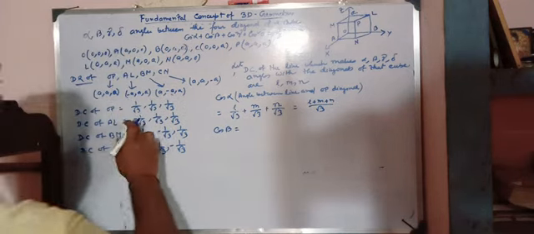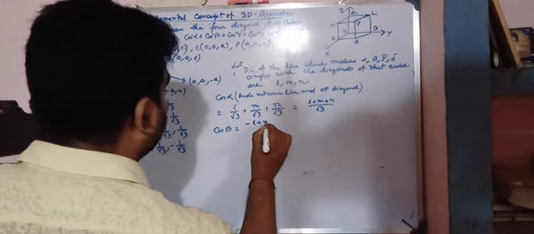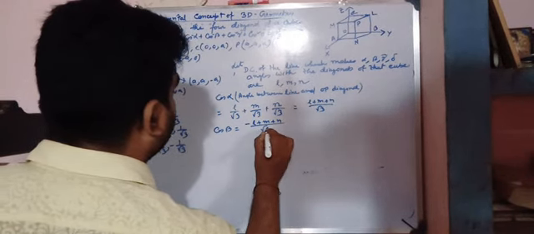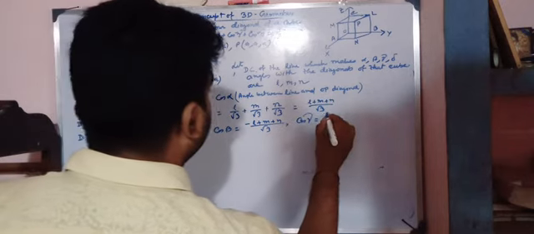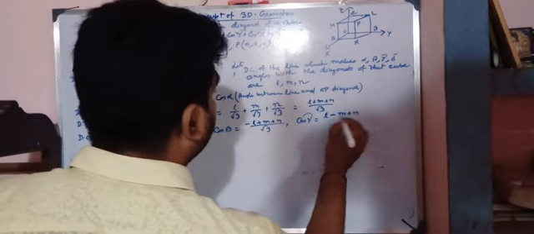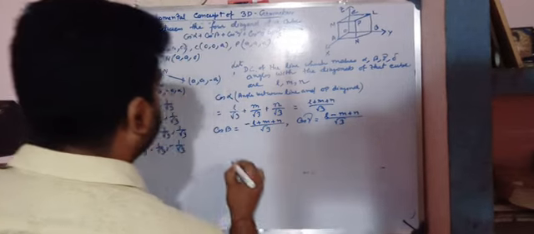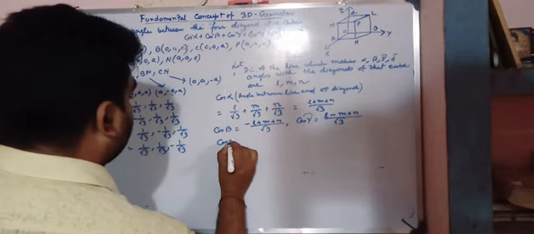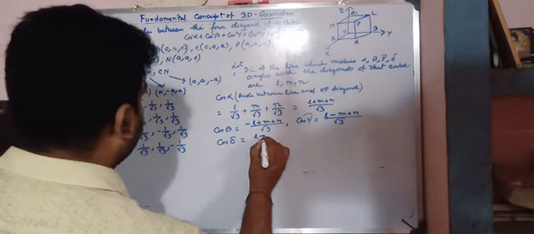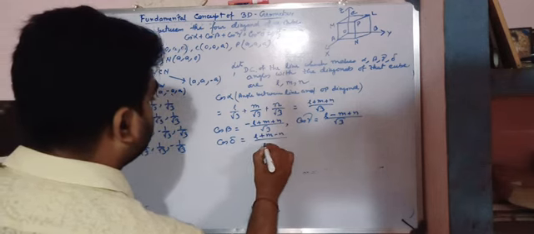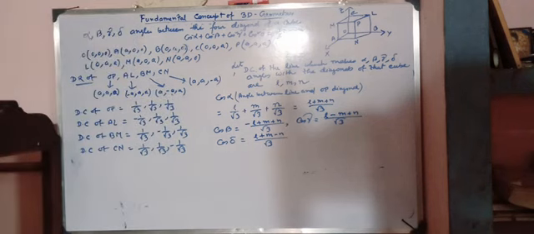This is not the direction ratio, this is the direction cosine of the line. Cos beta should be minus L plus M plus N by root 3. Cos gamma should be L minus M plus N by root 3, and cos delta should be L plus M minus N by root 3. Understood?